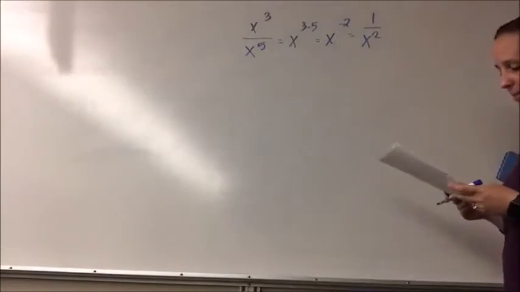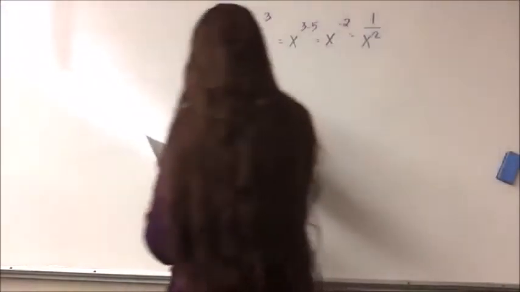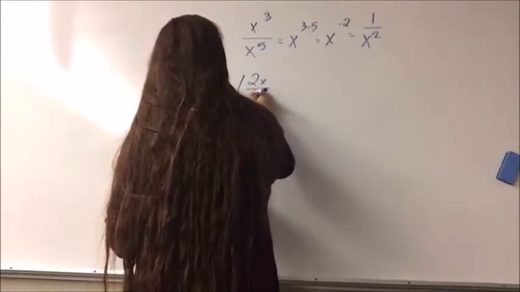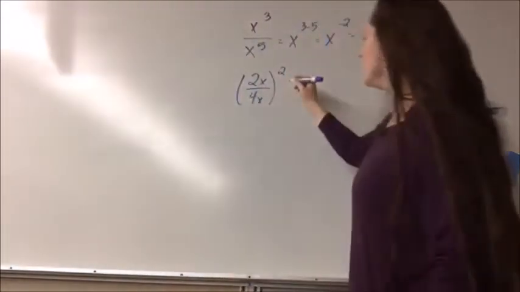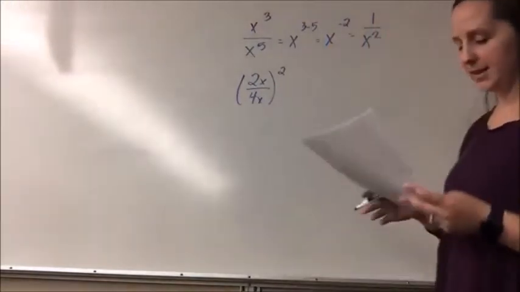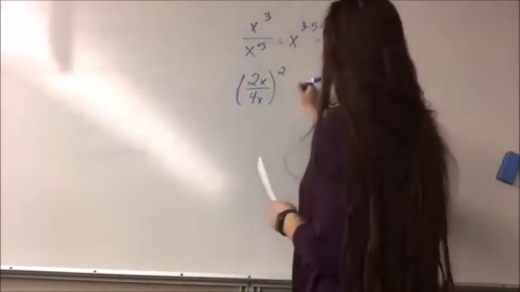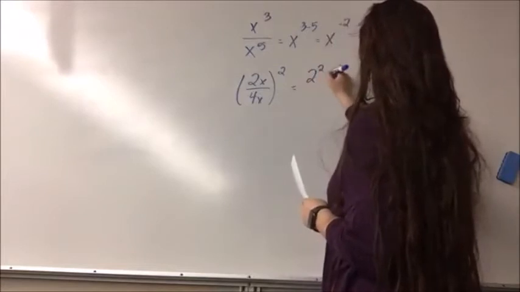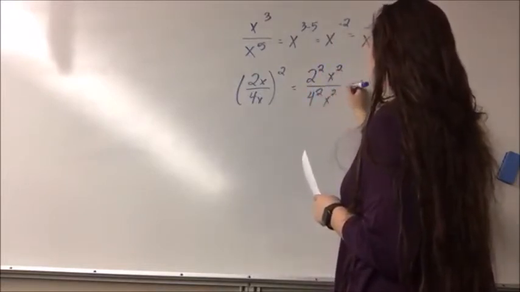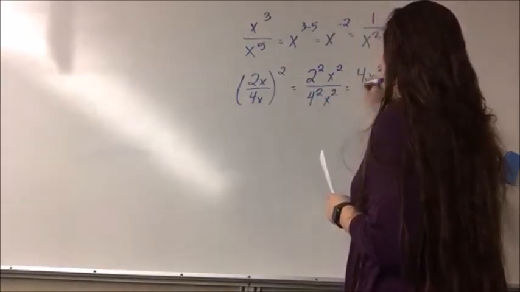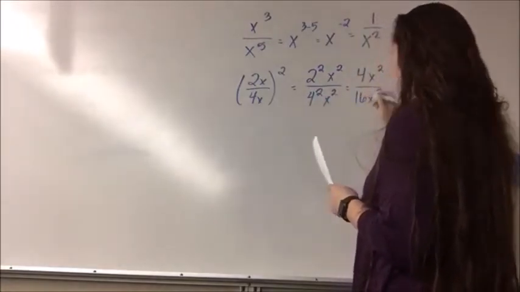Okay. Example 7: 2x over 4x, raised to the 2nd power. So I have to distribute the 2 to everything that's inside. So this becomes 2 squared x squared over 4 squared x squared. So that's 4x squared over 16x squared.